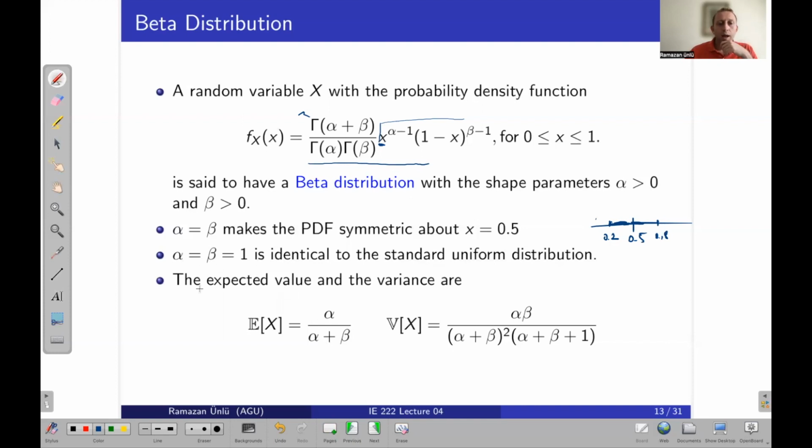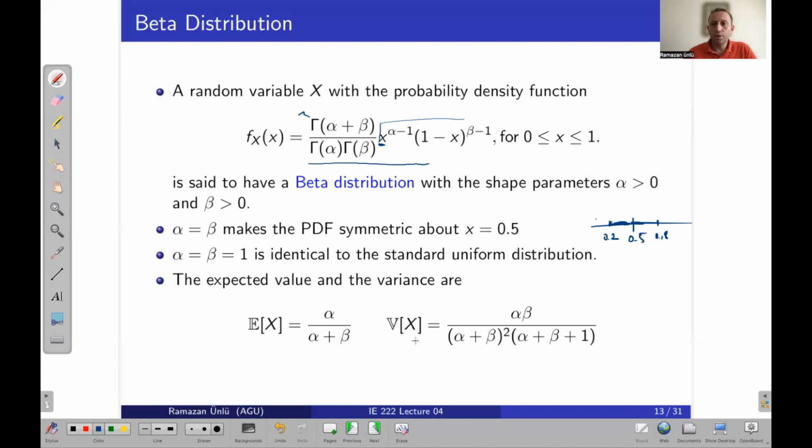And if alpha and beta are equal to 1, it is identical to the standard uniform distribution, so the area under the region will be equal to 1. Okay, and the expected value of the beta distribution will be alpha divided by alpha plus beta, and the variance of the beta distribution is alpha times beta divided by alpha plus beta squared times alpha plus beta plus 1.